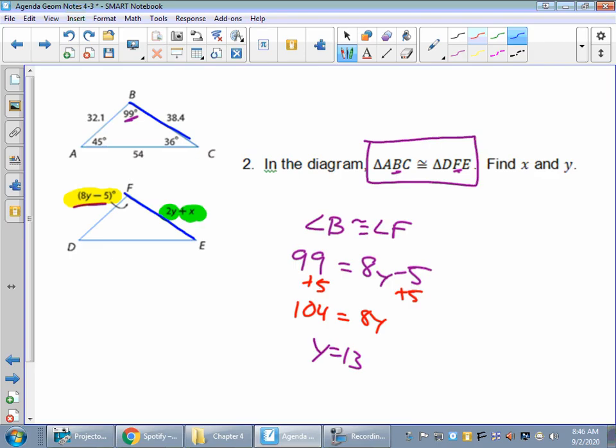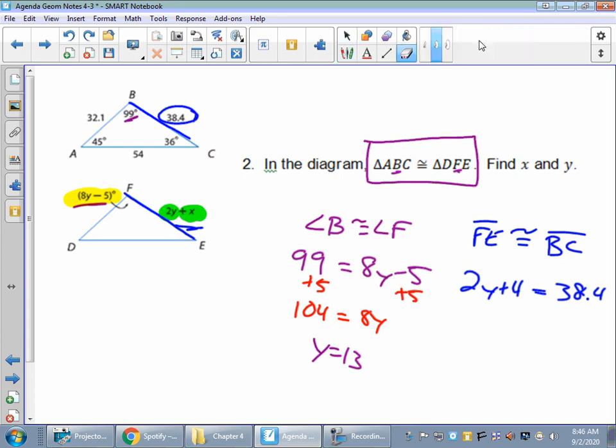So I can say that side FE is congruent with side BC. And so FE is 2y plus x, and BC is 38.4. Those are given to me here and here.